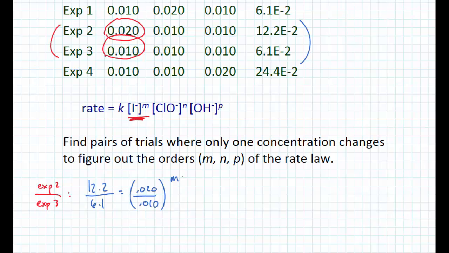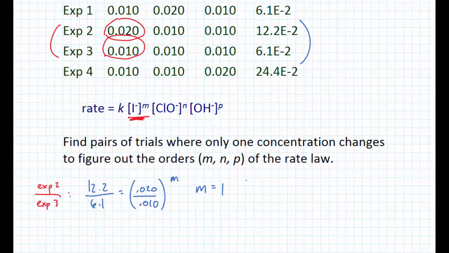You should hopefully be able to just look at those values and tell me what the exponent m is. What do you think it is? Yeah, m is 1. Because 12 over 6 is 2. 0.02 over 0.01 is 2. 2 equals 2 to the 1 power. m equals 1.